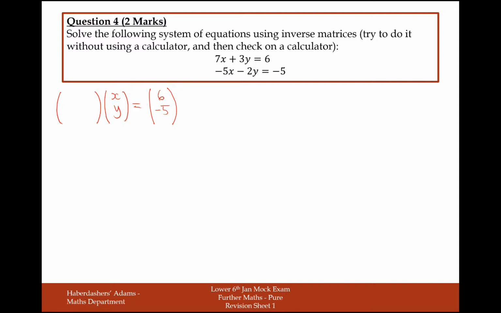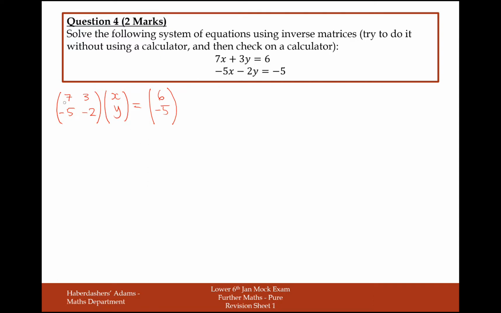The way that we form the first matrix that we've missed out here is to use the coefficients on the x and the y terms in our equations. So here, nice and simply, it goes 7, 3, from the 7x add the 3y, and minus 5, minus 2. And this gives us our starting point.